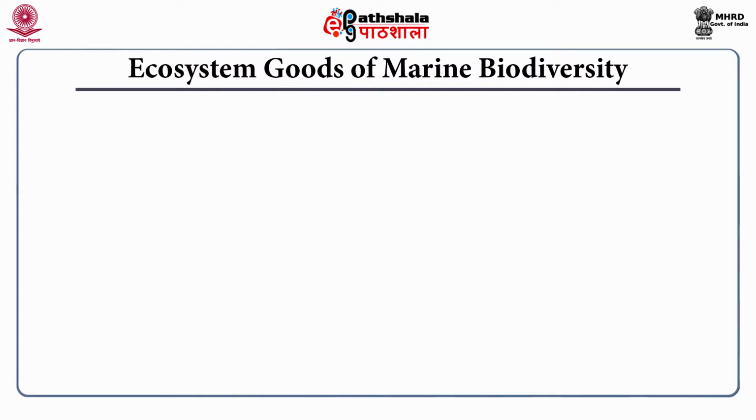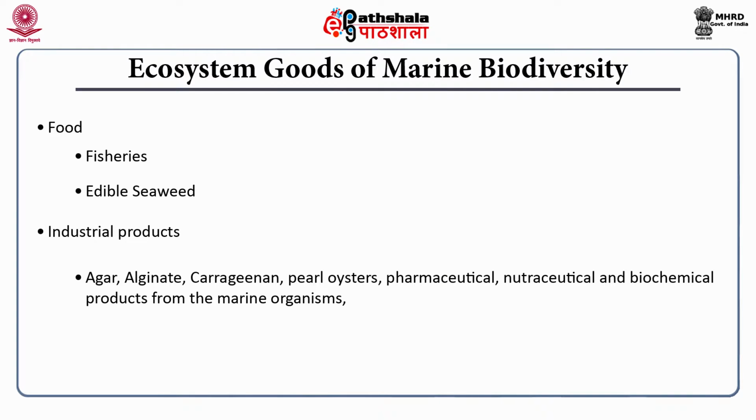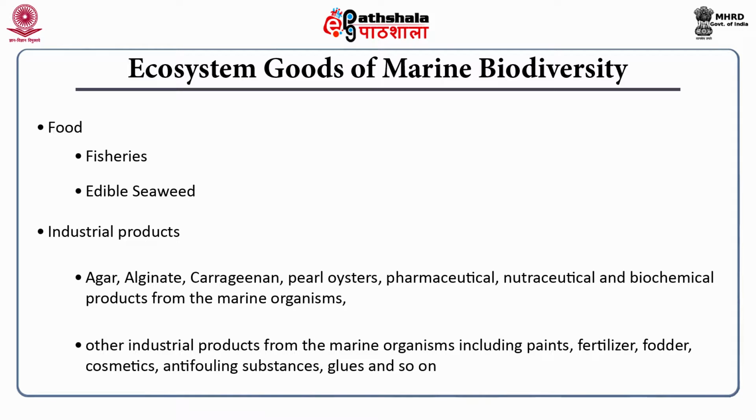Other ecosystem goods and services produced by marine biodiversity include food, including fisheries and edible seaweeds, and industrial products including agar, alginate, carrageenan, pearl, oysters, pharmaceutical, nutraceutical, and biochemical products from marine organisms. Other industrial products from marine organisms include paints, fertilizer, fodder, cosmetics, anti-fouling substances, glues, and so on.